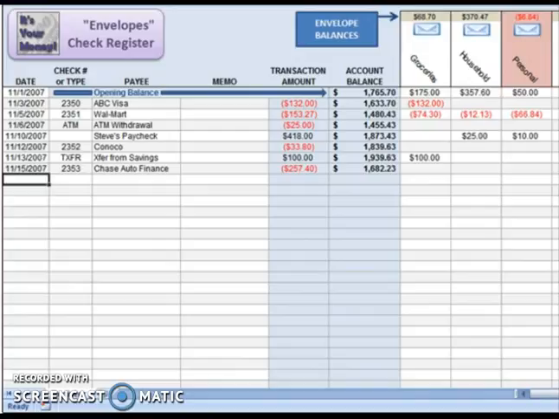I just go to my bank's website and download it in an Excel spreadsheet, and then I categorize things based on what store I went to, or based on the categories that I think in my mind are going to make up these different envelopes or pockets, right?